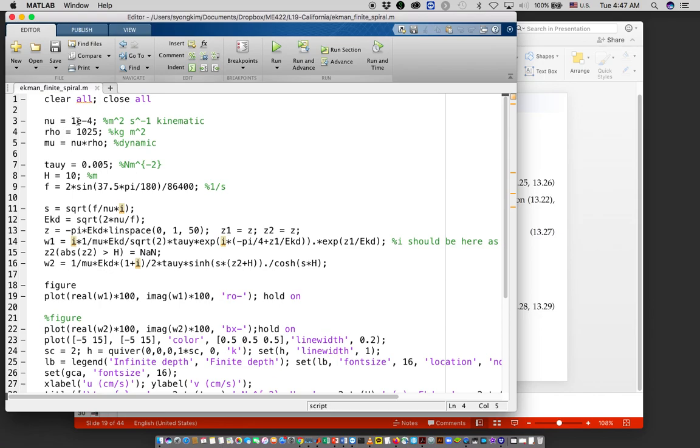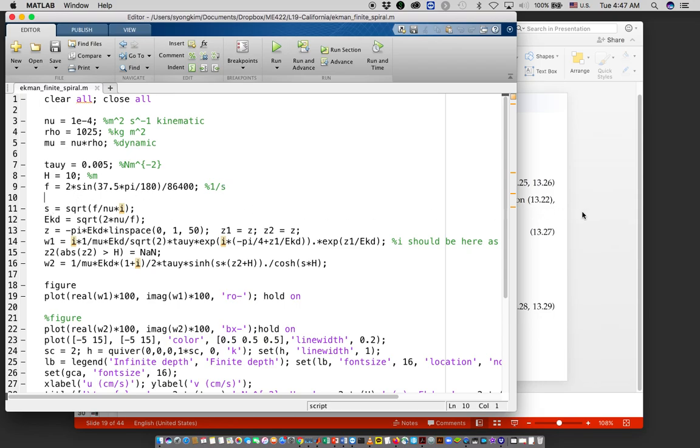You can define the constants for kinematic viscosity and density of water, and mu, the dynamic viscosity, is given by that. If I apply tau y with a given number, depth h is 10 meters. Let's say I live at 37.5 degrees, which is Korea, Northern Hemisphere, and f is given in units of 1 per second.